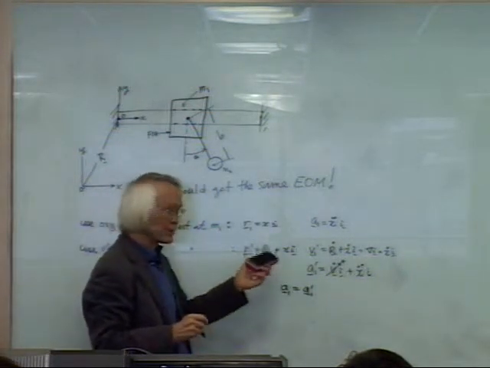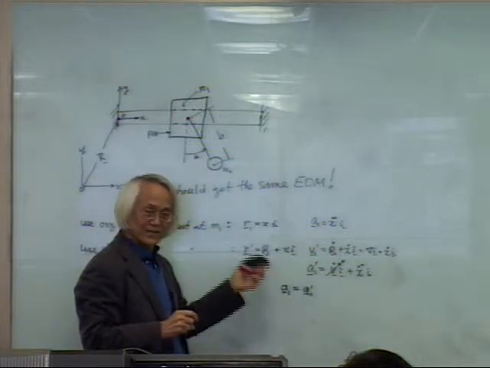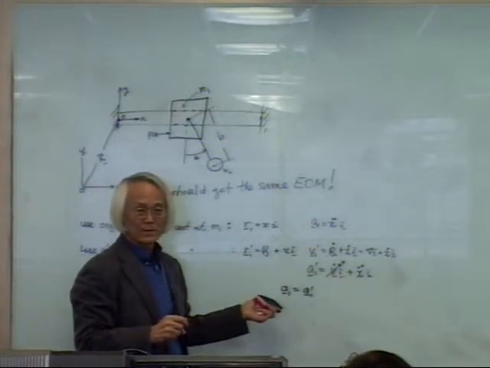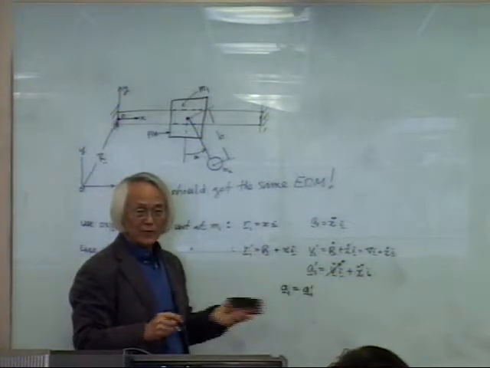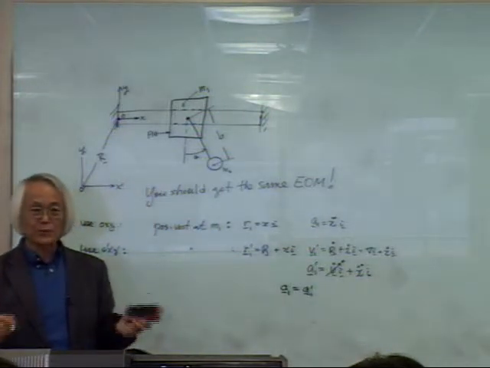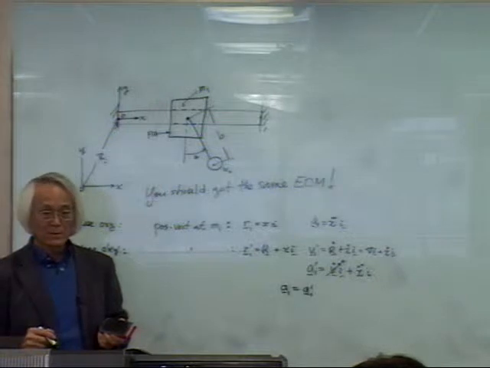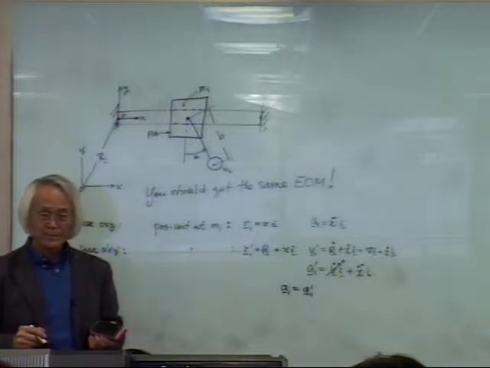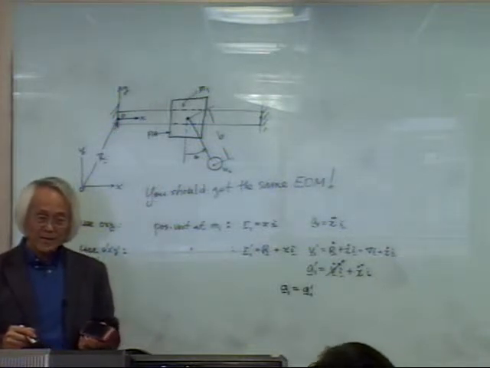The only place where the position vector would make a difference is in the acceleration. Okay? The reaction forces would not be dependent on the position vectors. Okay? All right?